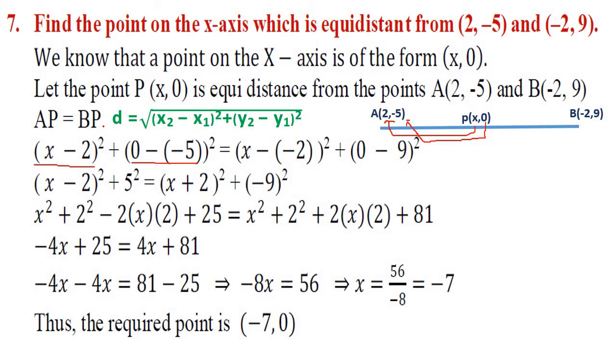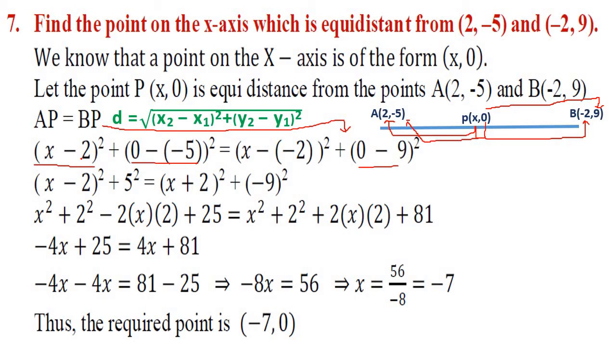Now the distance of BP is (x2 minus x1) whole square, which is (x minus of minus 2) whole square, then y2 is 0, so (0 minus 9) whole square.